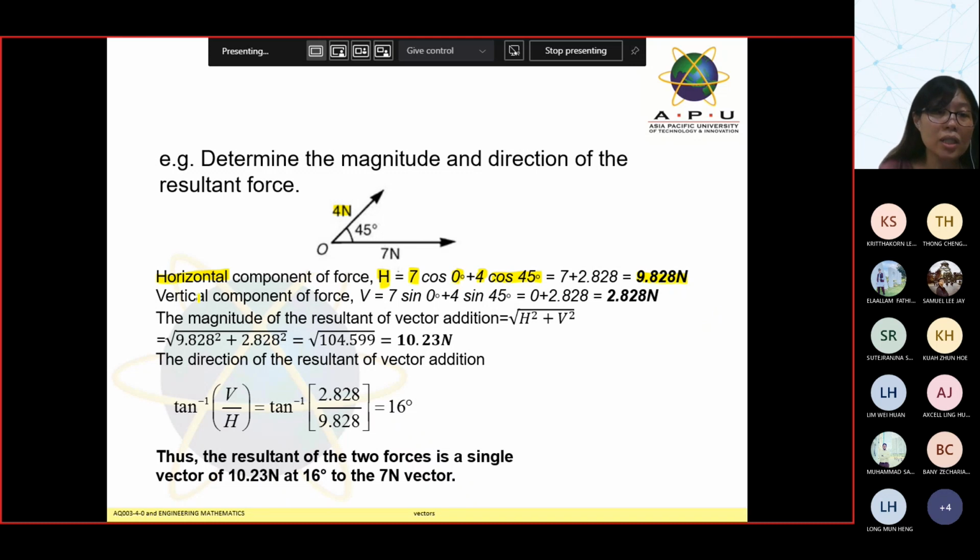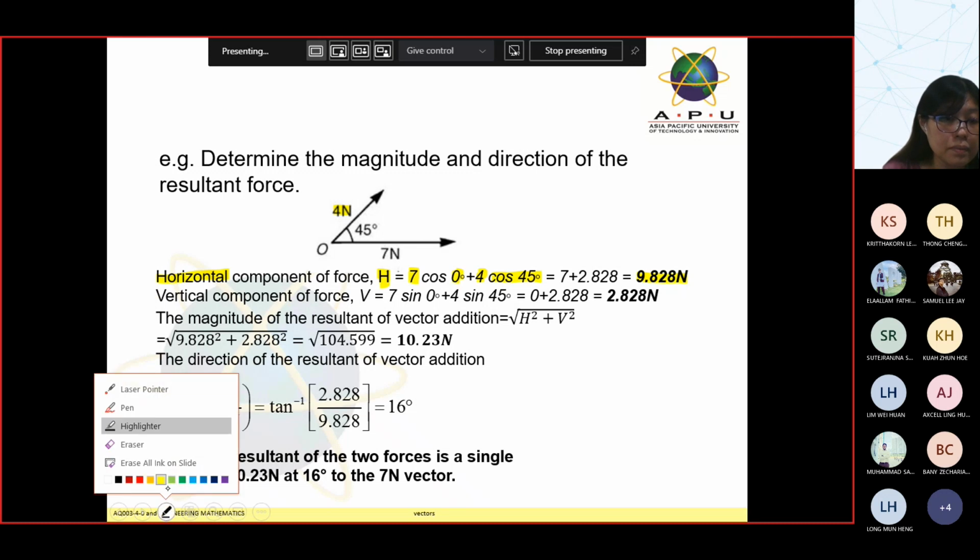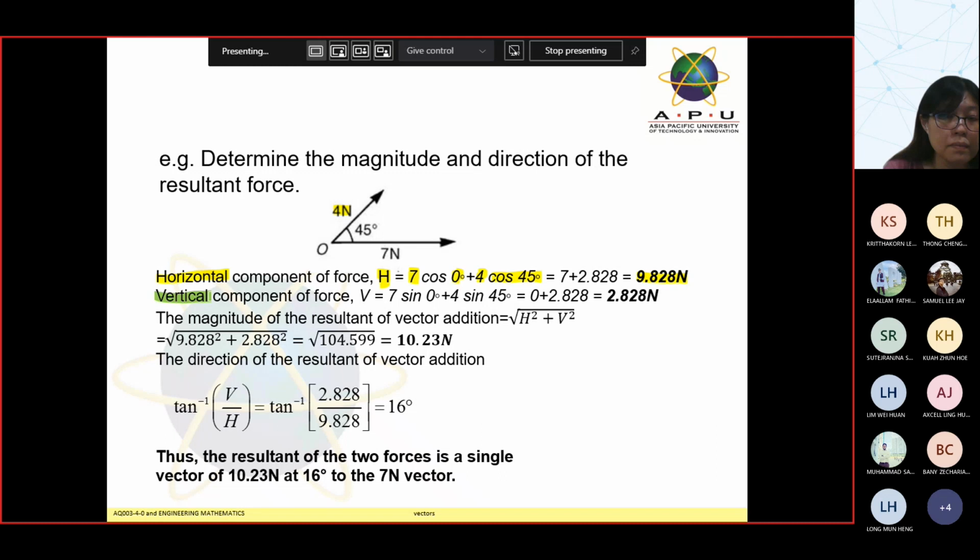Then the vertical component of the force, which is V. Then let's calculate for the 7 Newton. So for 7 Newton, the vertical will be 7 sine 0. Can you see the angle is always the same?